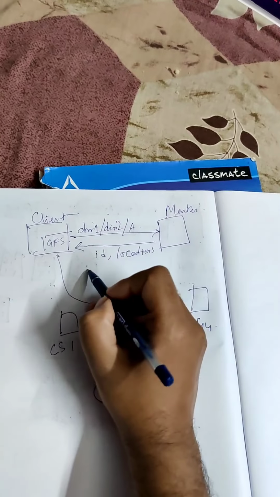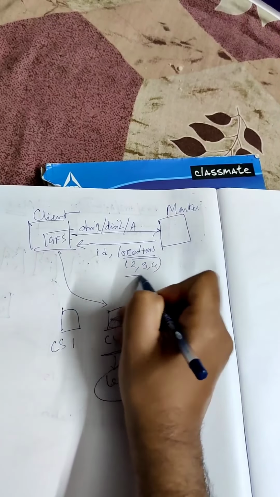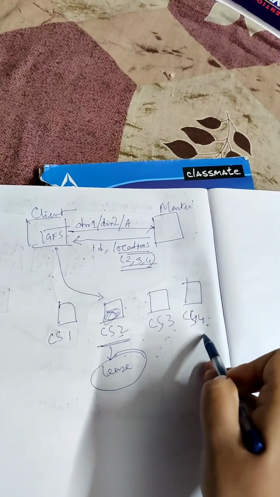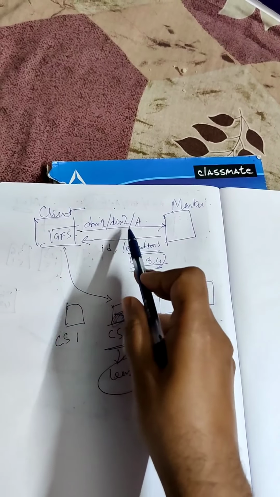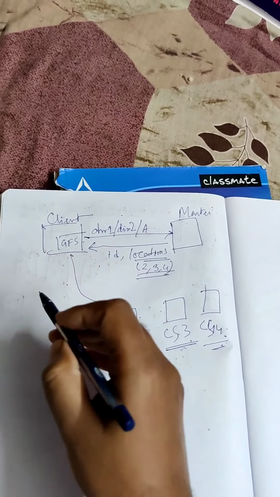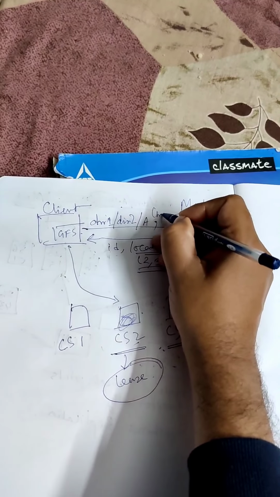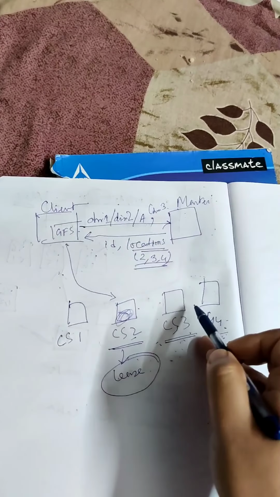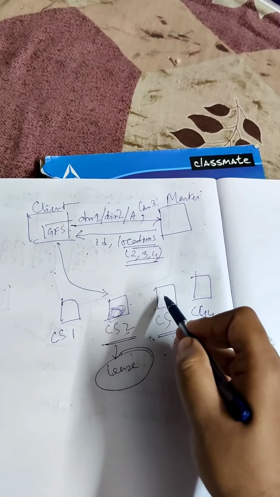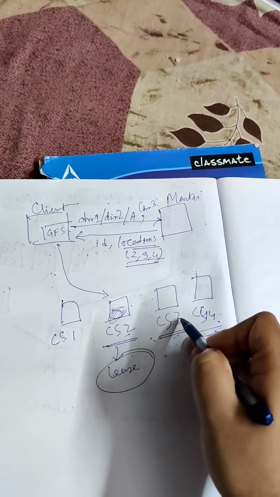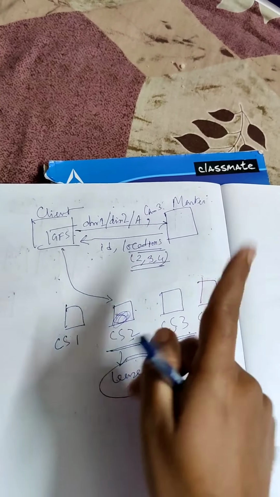But you can ask, we have three locations, suppose here 2, 3 and 4. Chunk server 3 and chunk server 4 also contain chunk number 3. So this chunk 3 needs to be replicated, or we need to write it over chunk server 3 and chunk server 4 as well. That write can happen in two ways.